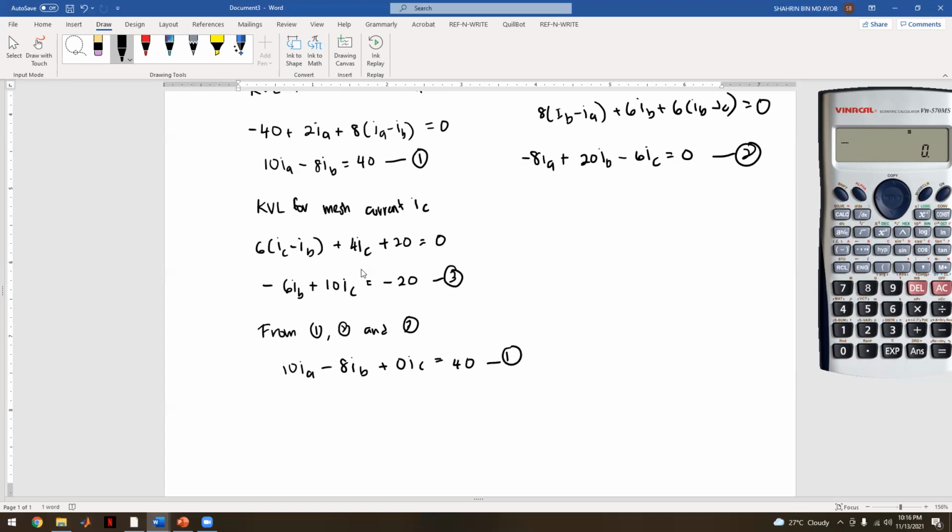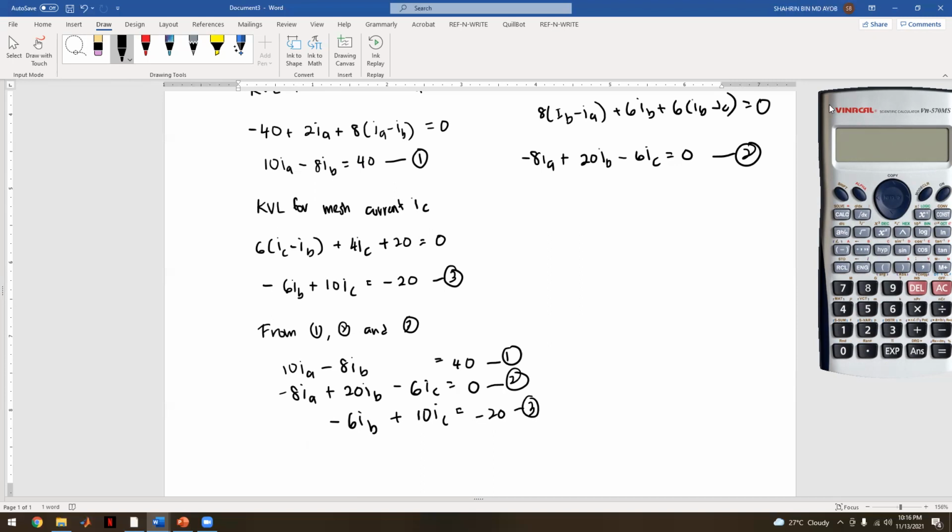And then from 2 it is negative 8 IA plus 20 IB minus 6 IC, and this one is equal to 0. And then the third equation is 0 IA, minus 6 IB plus 10 IC. I don't need to write everything down because it might be confusing. So this one is equal to negative 20.